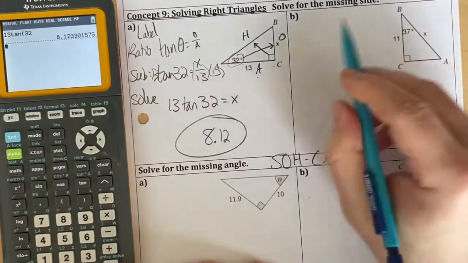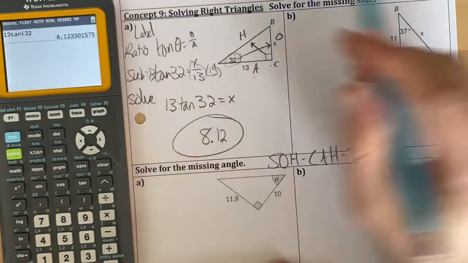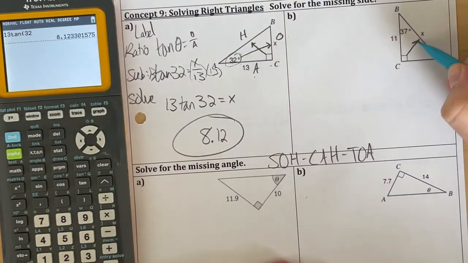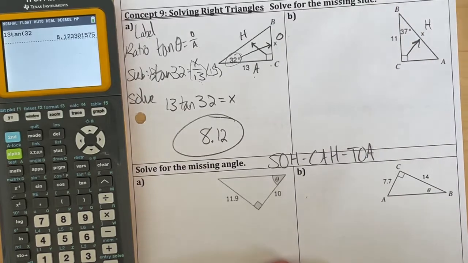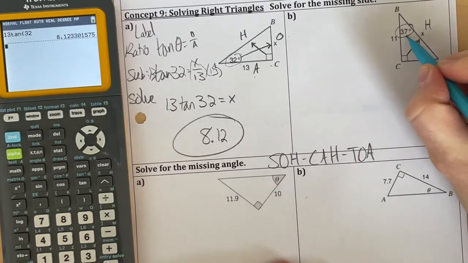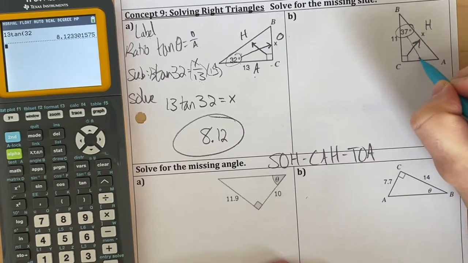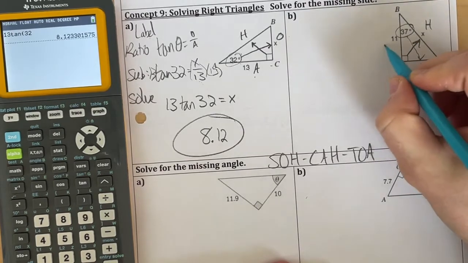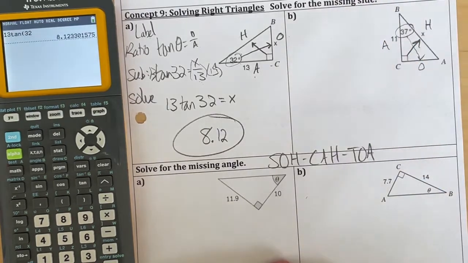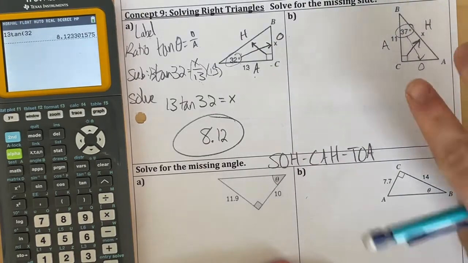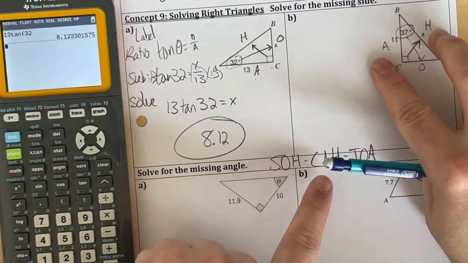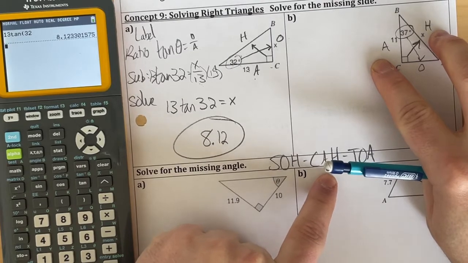And for the next one, same steps, we're going to label. The side opposite the right angle is our hypotenuse. We have our angle theta, which is 37. The side opposite of that is called opposite, and we have adjacent, which is 11. So I'm going to pick my ratio. I have A and H, which means I'm going to use cosine.